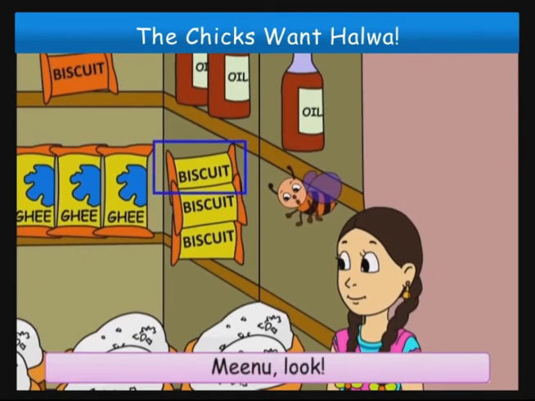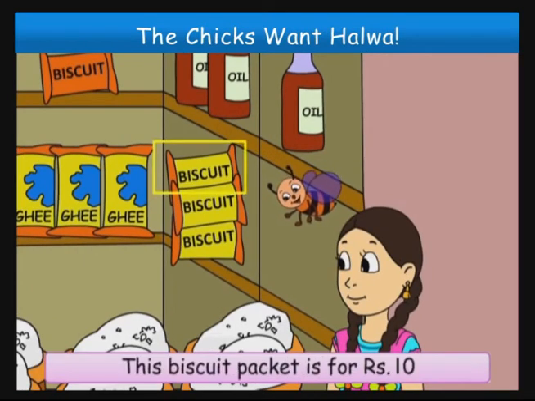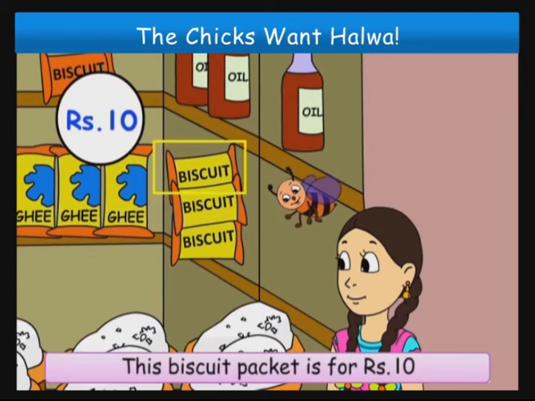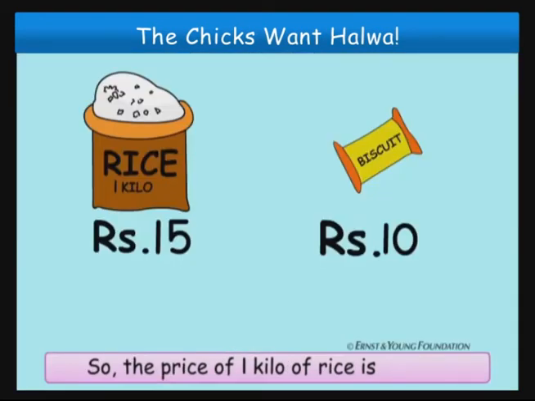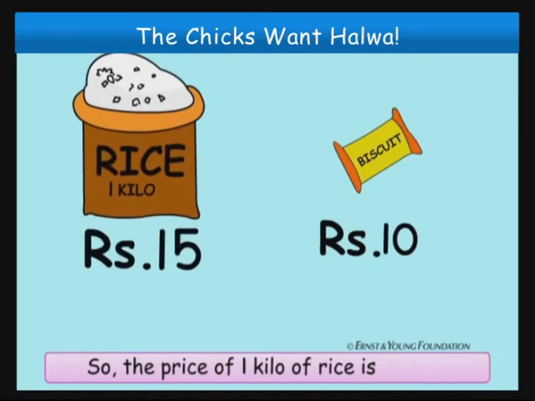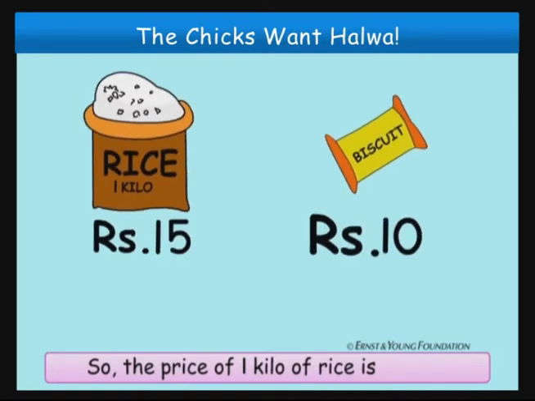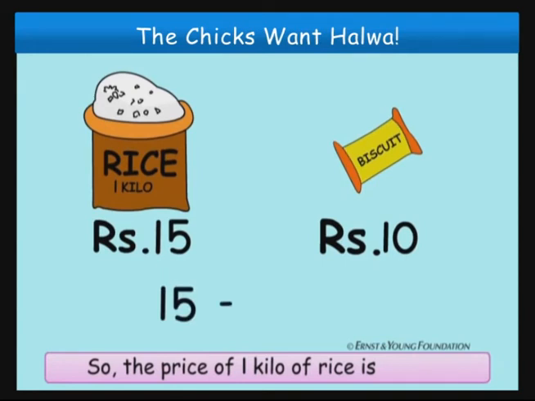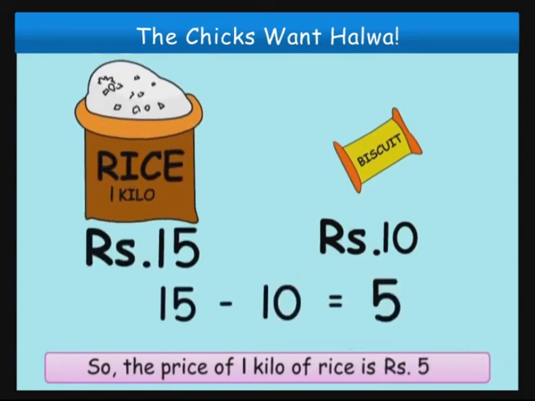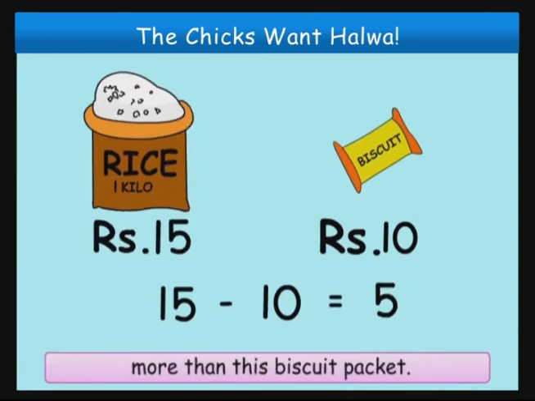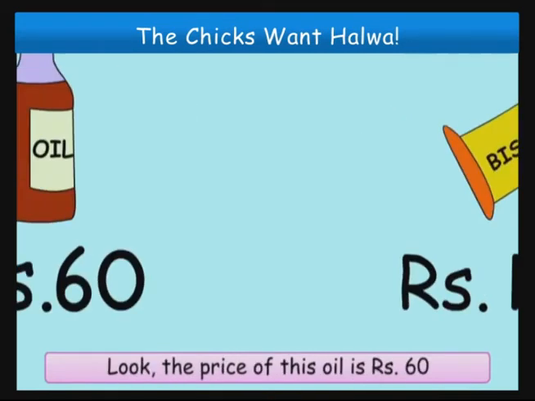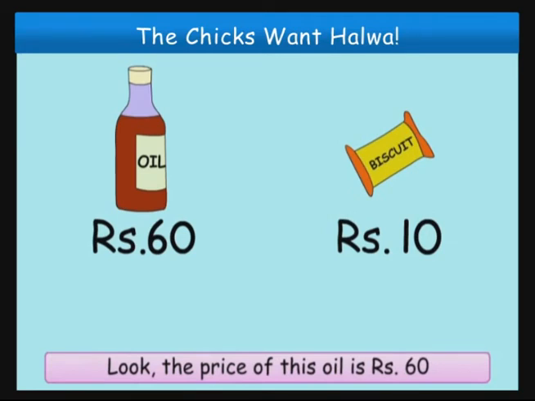Meenu, look. This biscuit packet is for 10 rupees. So, the price of 1 kilo of rice is 5 rupees more than this biscuit packet. Look, the price of this oil is 60 rupees.